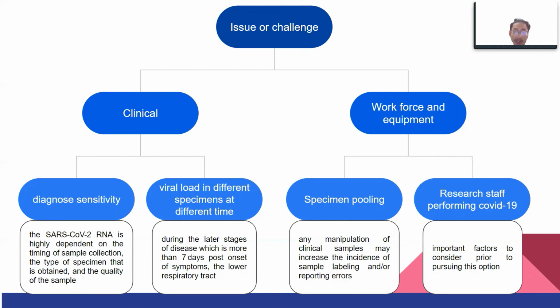If there is a positive result, they will do an individual test for each. But if there is a negative result, then they will just neglect the samples, which may indicate that there is no COVID-19 sample. But when they manipulate the clinical samples, there can be increased incidents of sample labeling or even reporting errors.